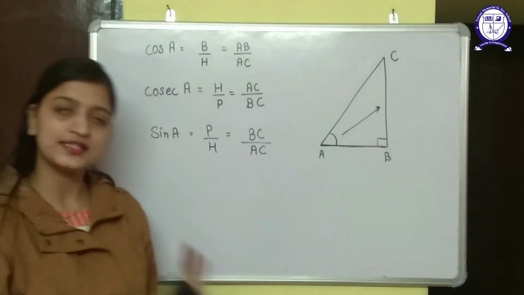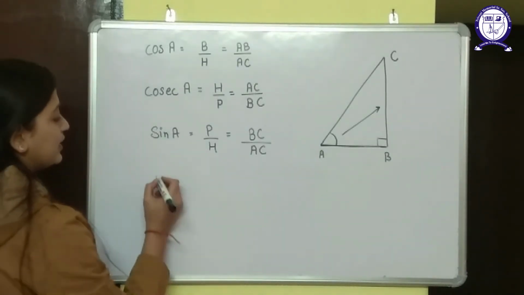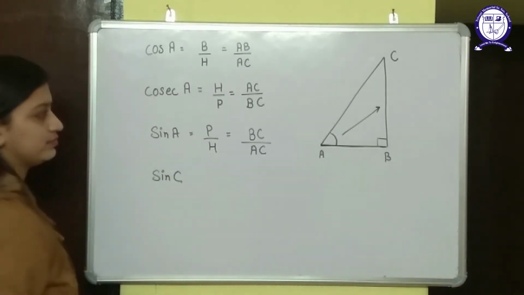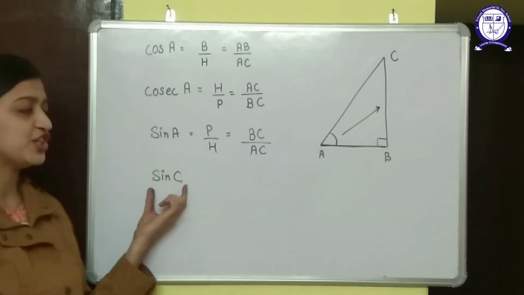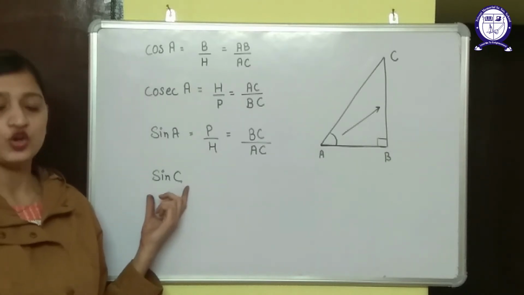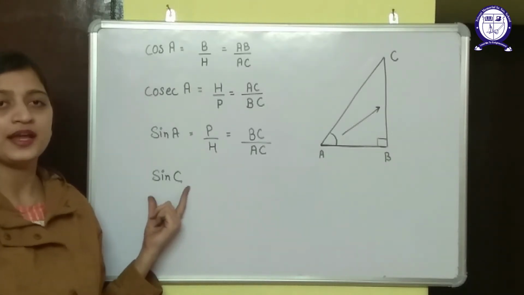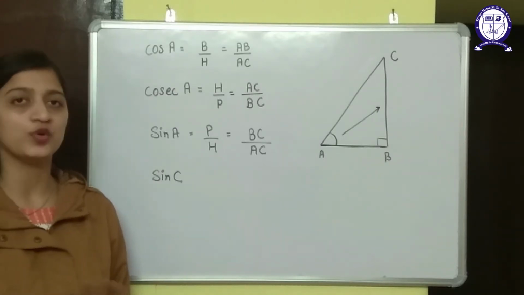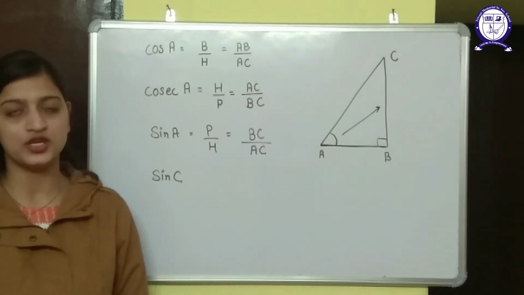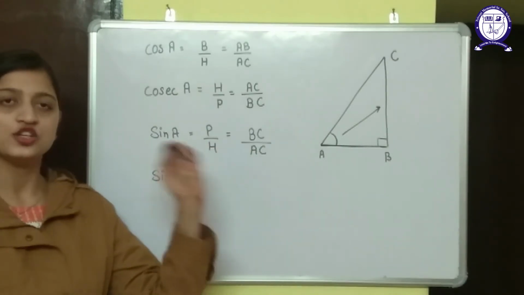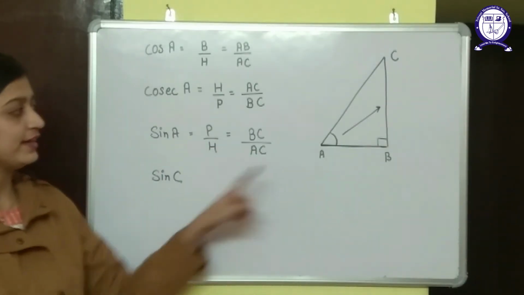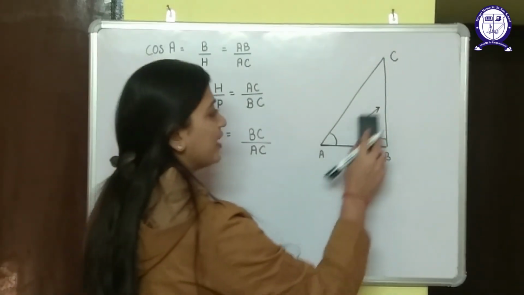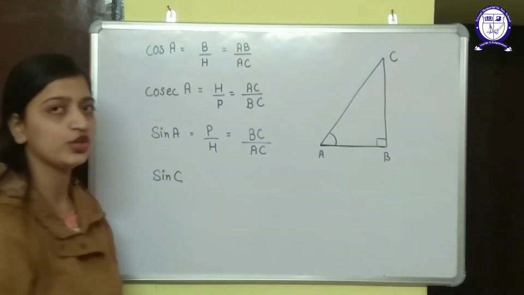Now suppose in the same question they asked for the value of sine C. Now they have changed the angles, so the values of perpendicular and base will also change accordingly. H will remain same in both the cases because it is the hypotenuse, that means it's the slant line. So it will always remain slant whether I take this angle or this angle. But the values of perpendicular and base will keep on changing according to the angle.